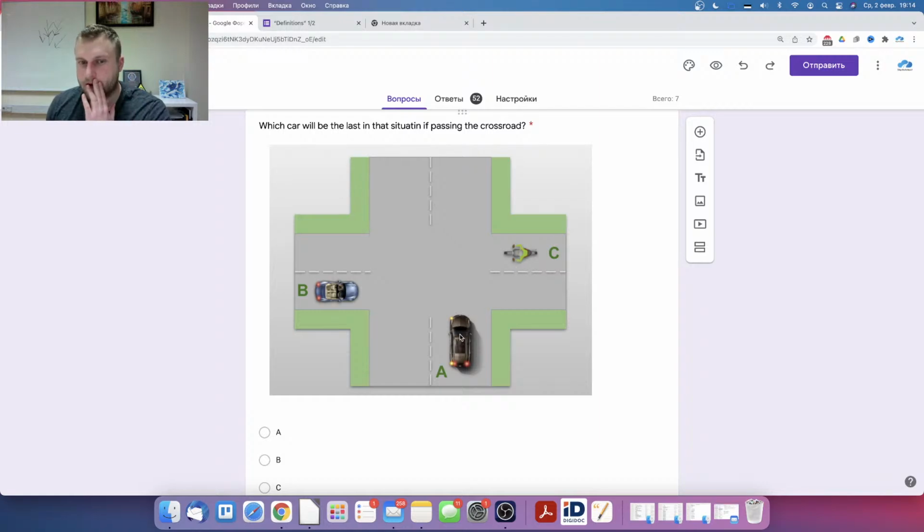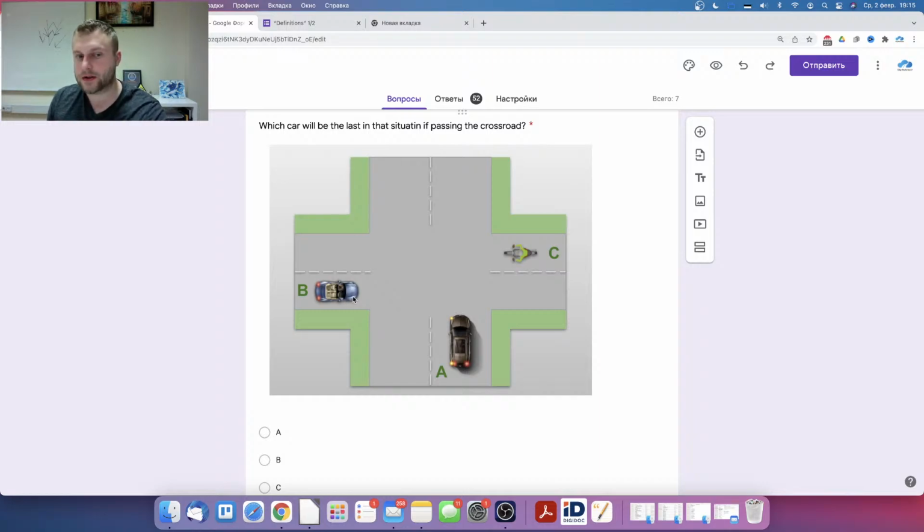Doesn't matter. A cannot go because A has to give way to C, because C is on the right hand. C has nothing on the right side, so C doesn't have to give way to anyone because nobody is there. So in that case, C can go first.